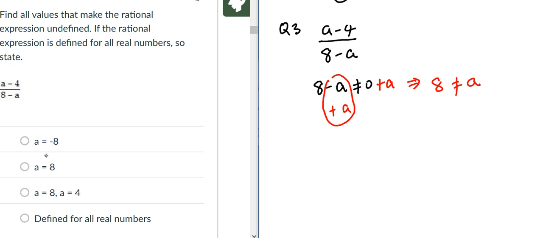So that will be this second choice. When a equals 8, it will make the rational expression undefined. Okay? So all the time, remember denominator cannot be 0.